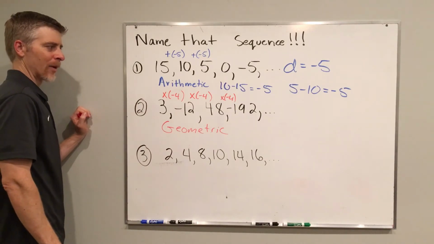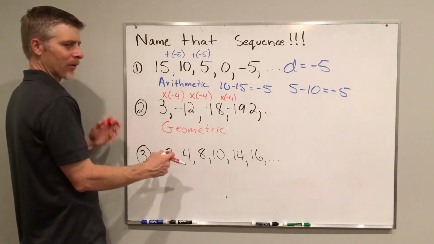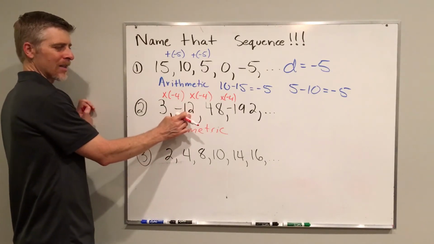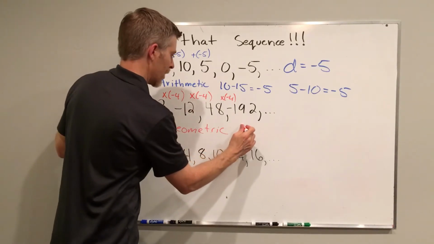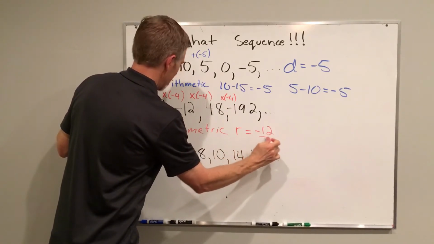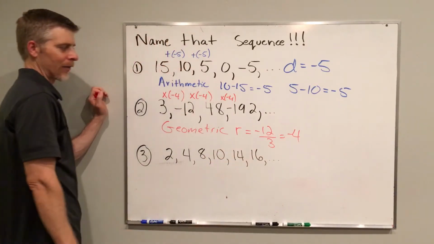And what's the common ratio? Well, we know it's negative 4. But the way that you find out what the common ratio is: do the second term, a sub 2, divided by the first term, a sub 1. So the common ratio is negative 12 divided by 3, which reduces to negative 4.